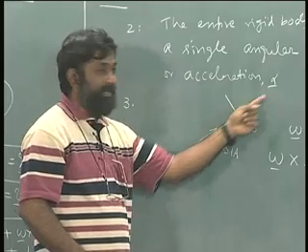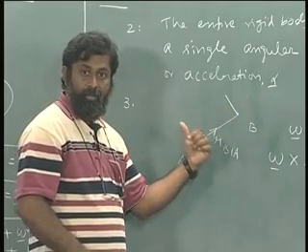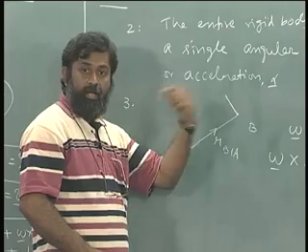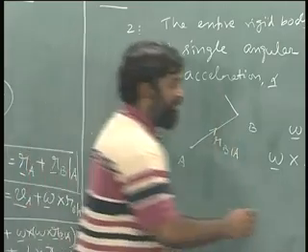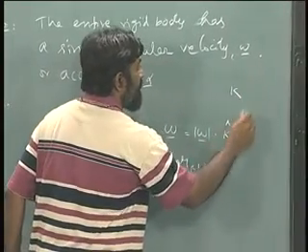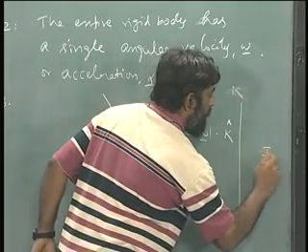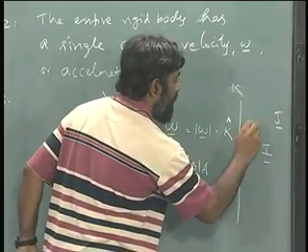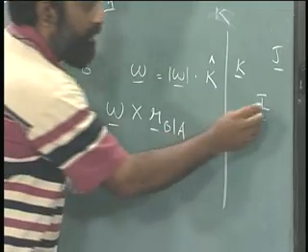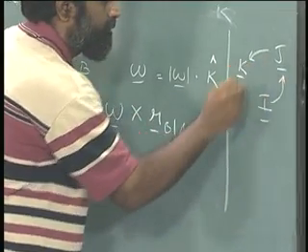Let us say this is I prime. k cross I is j. I usually write like this, we have to write in a cyclic form I j k and the direction like this.